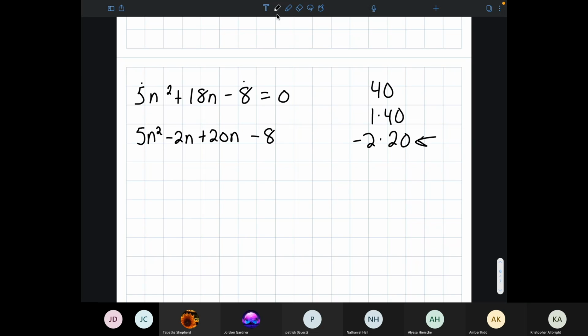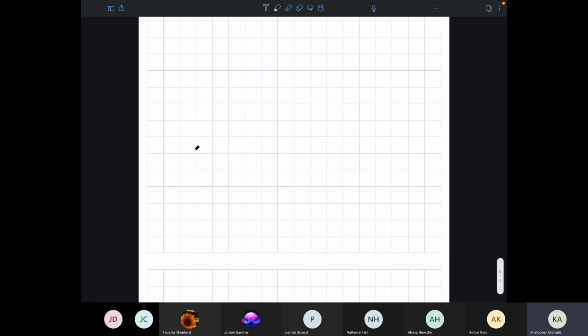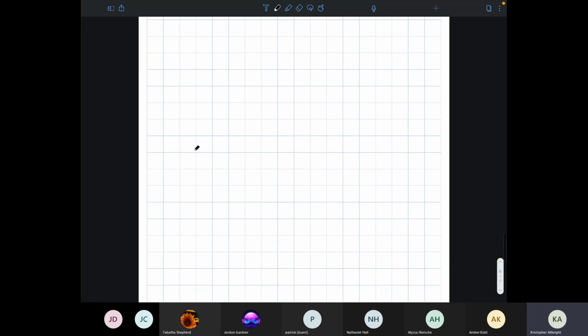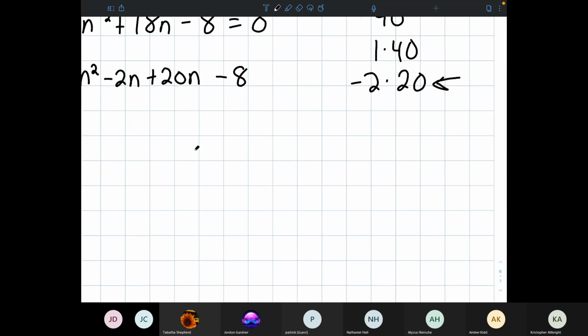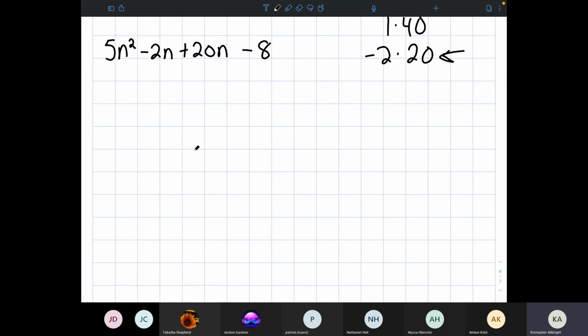Now we consider our first 2 and we consider our second 2. If I can get back to the problem. Here we go. Okay, so our first 2 and our second 2. It looks like all I can pull out of the first one is an n, and be left with 5n minus 2.